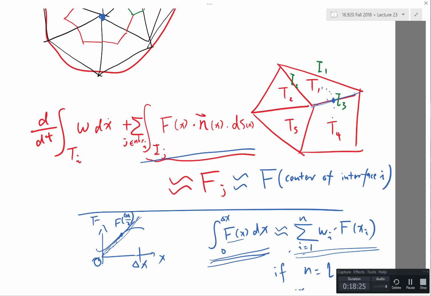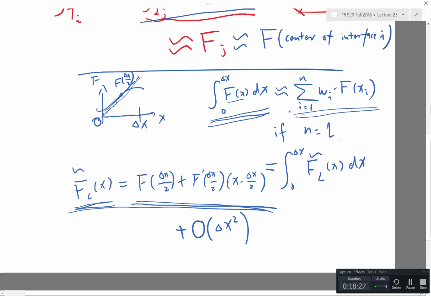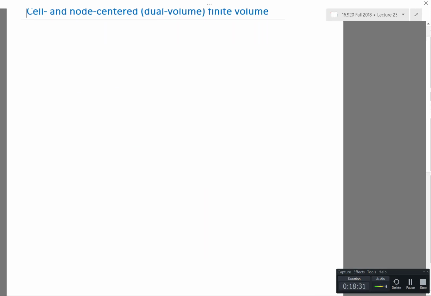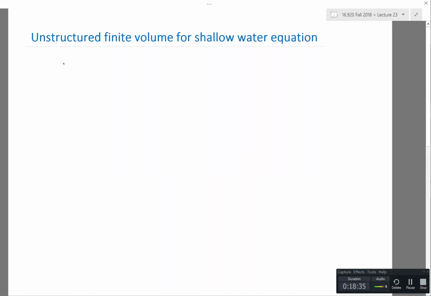All right. So this is something we are going to try to do today, particularly on the shallow water equation again. So here our W is actually h, h times x velocity, and h times y velocity. That's our conserved quantities, the volume of water and the momentum of water.